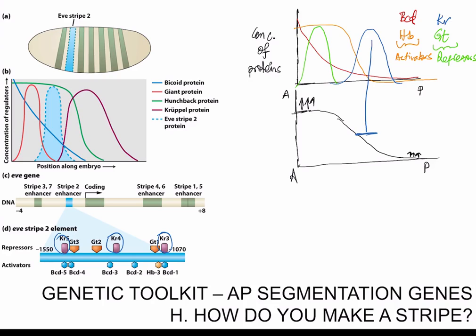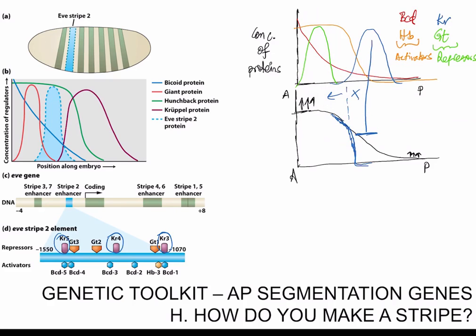And what that means is that the repression from Kruppel will prevent even skipped from being expressed in the posterior, and therefore you will get a sharp posterior border where to the anterior of this line even skipped is expressed, and to the posterior of this line even skipped is not expressed.